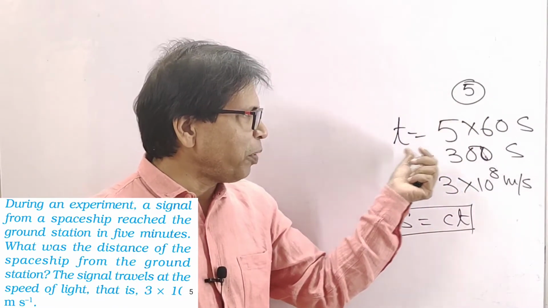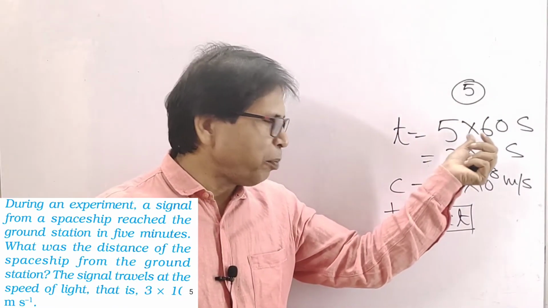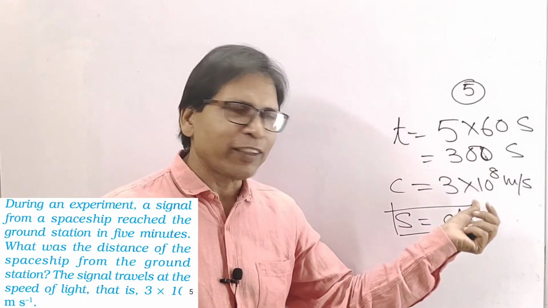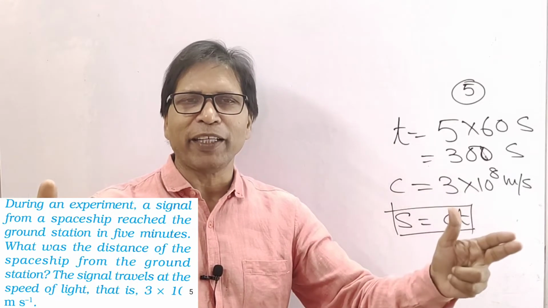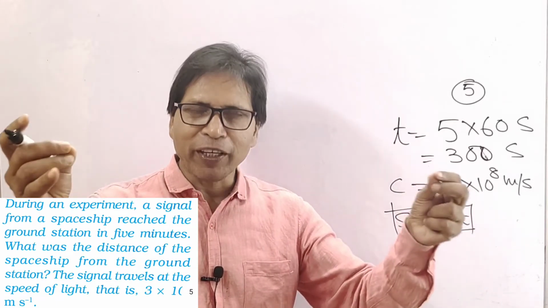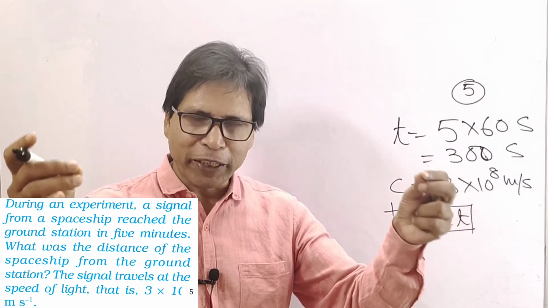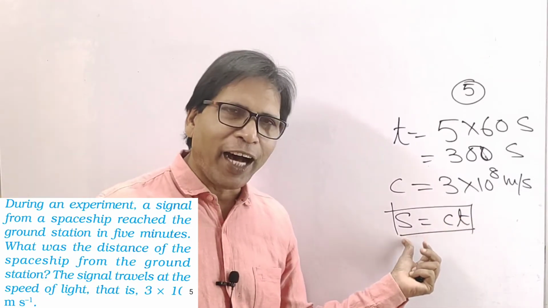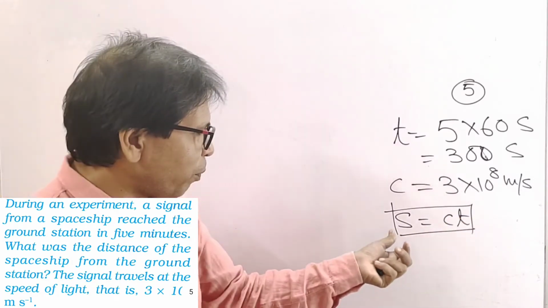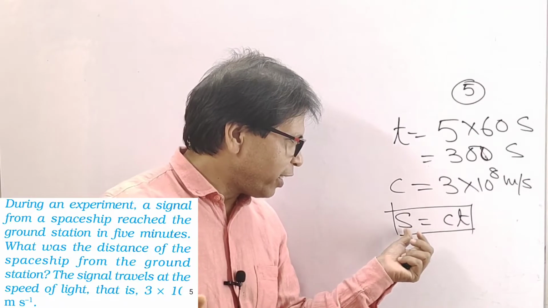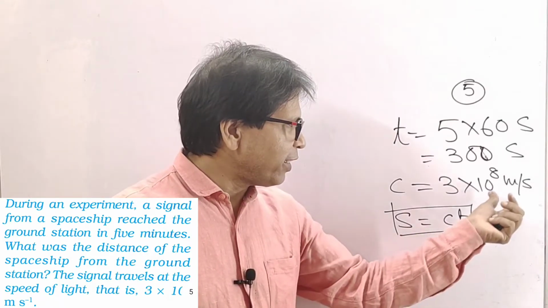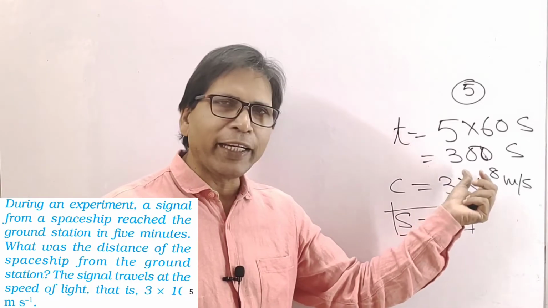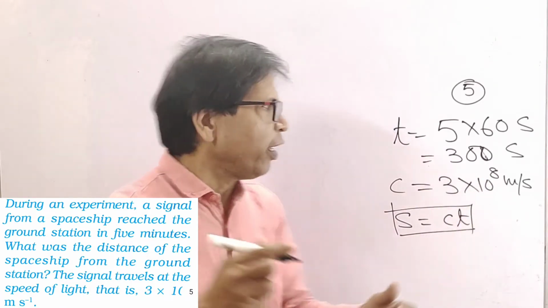Now look at this numerical 5. A signal from a spaceship takes 5 minutes to reach the earth with speed 3 into 10 to the power 8 meter per second. We have to calculate the distance of spaceship from the earth surface. Look at this, the formula is distance equal to speed into time. Here speed is given and time is also given.